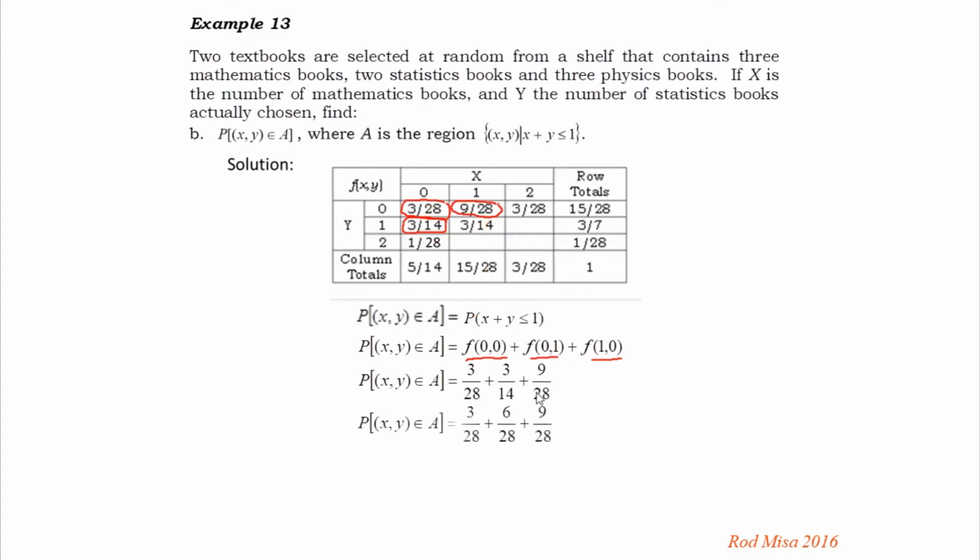Then therefore, adding these three numbers, we have the probability value of 18 over 28, which is having a reduced form of 9 over 14. So this is the probability value whose sum of the values of the random variables x and y must not be greater than 1. Now, let's proceed to our third question here.